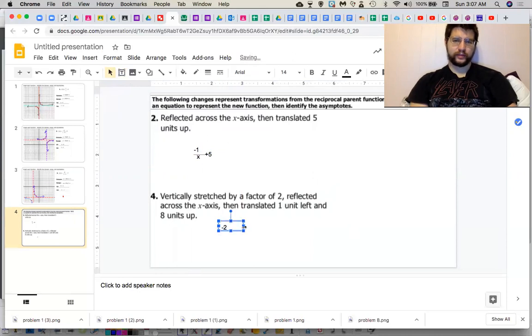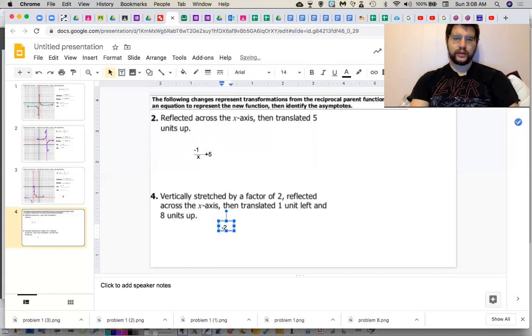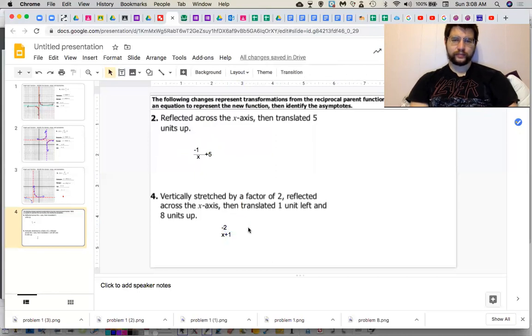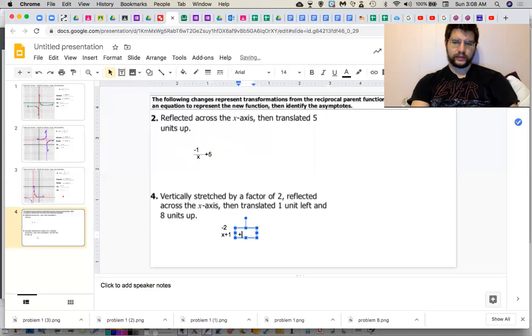Let's make the box a little bigger if that happens. And then translated 1 unit left, so x +1. Actually, 8 units up. +8.